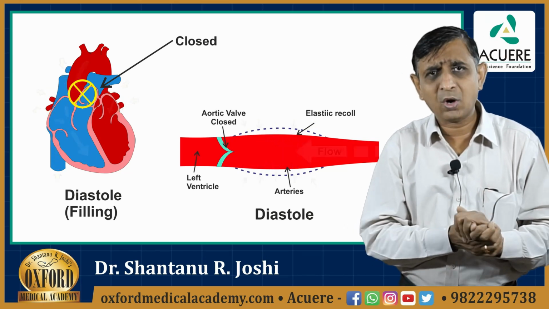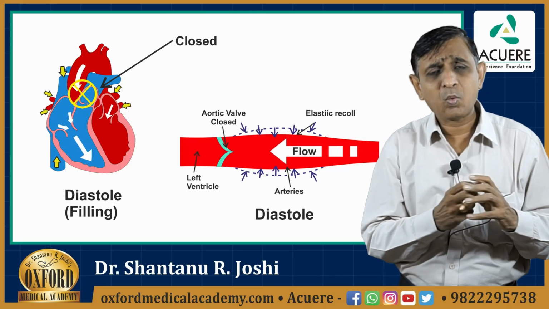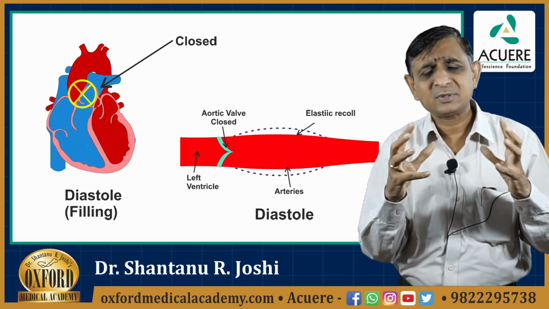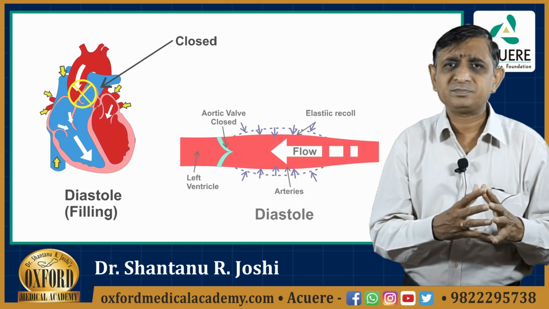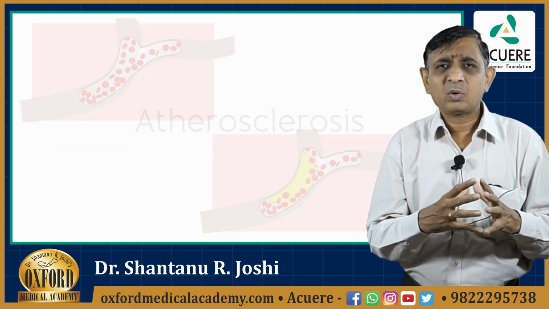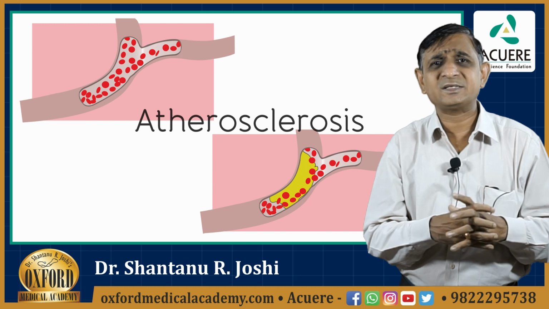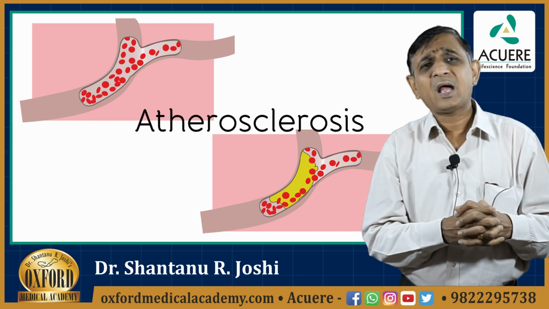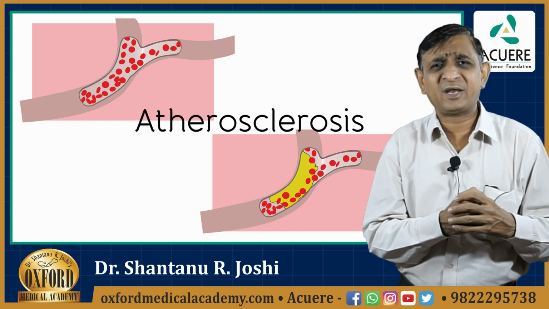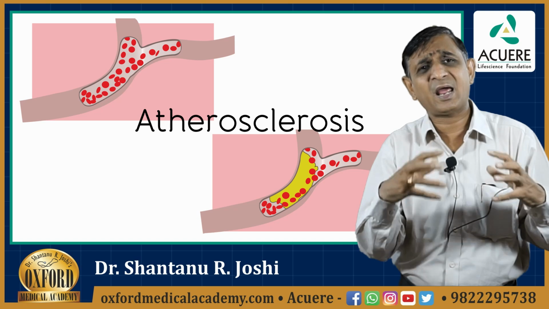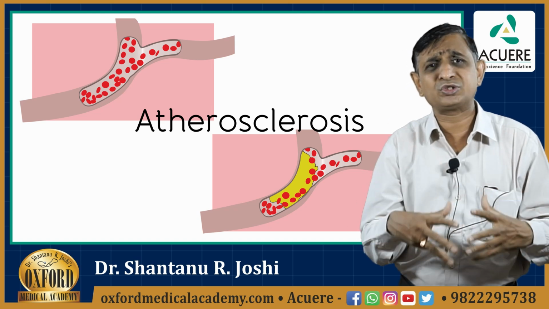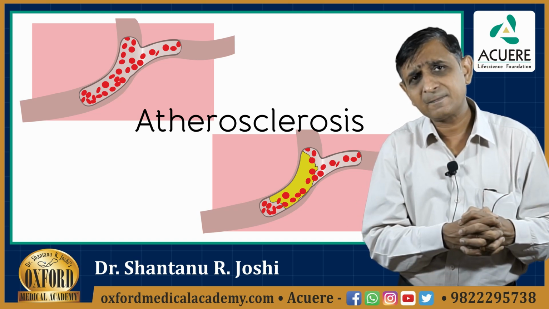Now, in short, we will see what the effect of this systolic blood pressure is. Why does the blood pressure rise? The blood pressure rises generally due to either constriction of the peripheral blood vessels or atherosclerosis in the peripheral vessels.